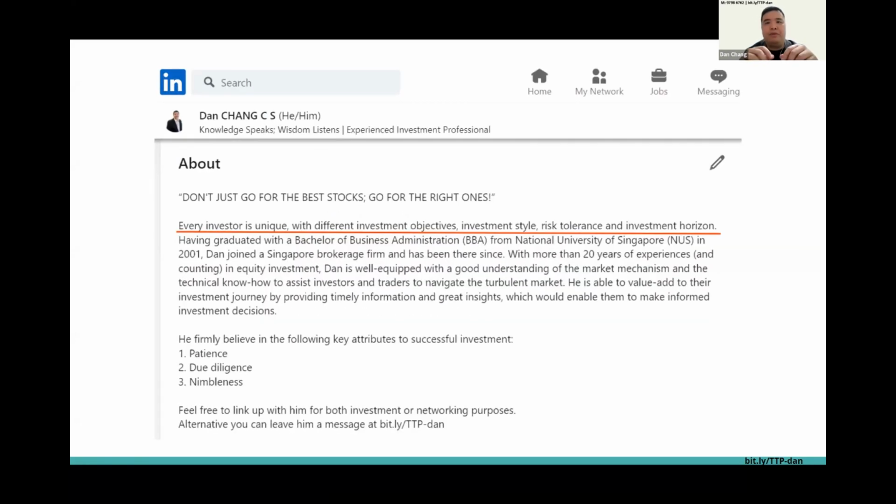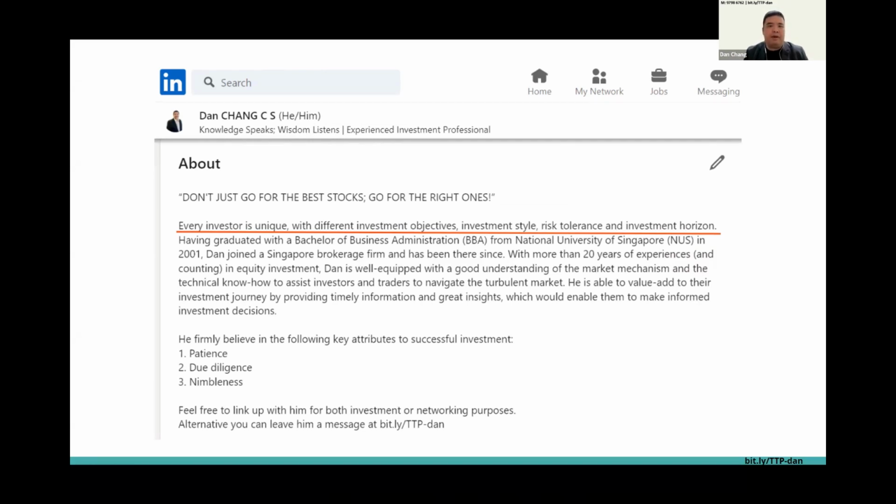If you go into my LinkedIn page, you'll probably see this. Having been in this industry for 20 years, I think I'm humbly qualified to say this: every investor is very unique in their own way, because every one of us has a different objective and a different style.